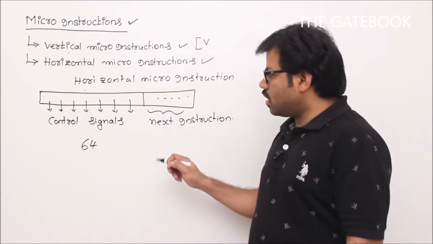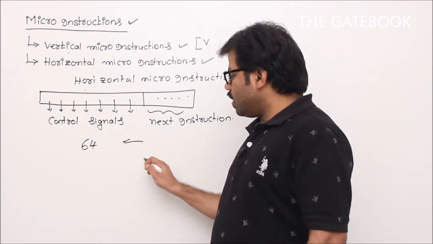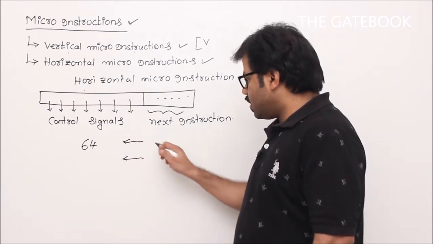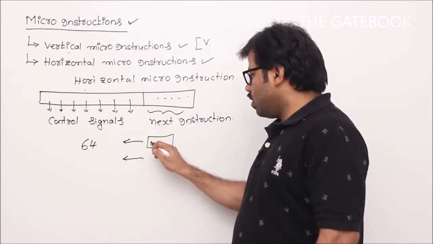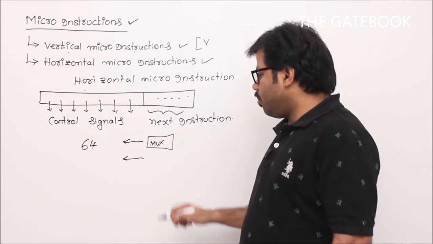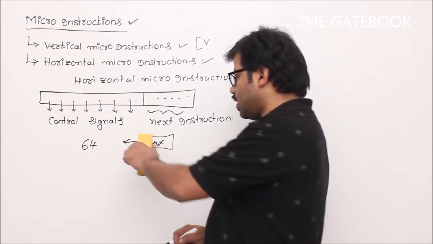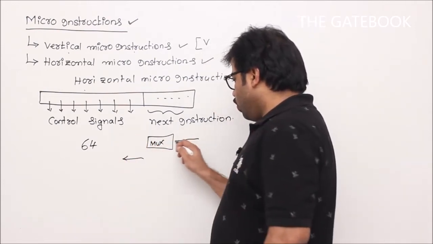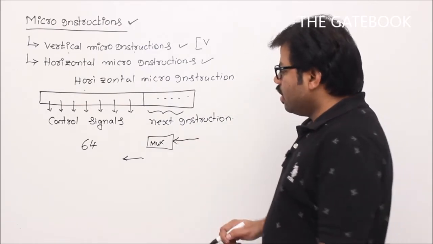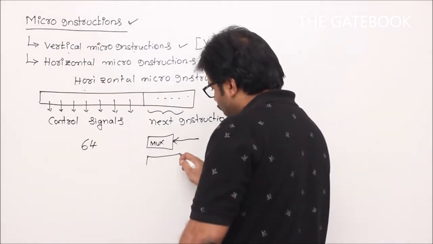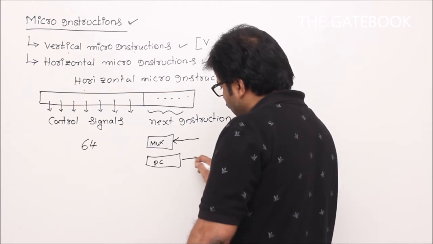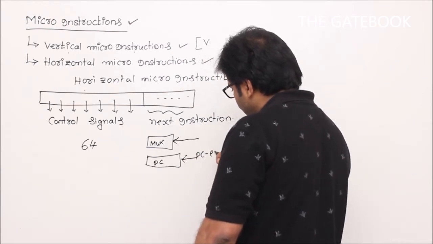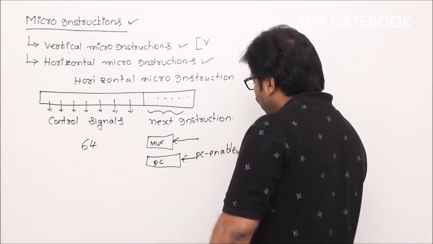That means there are 64 places where we can generate the signals. Just for clarity, for every multiplexer in your circuit we have to have one signal, right? Similarly for the program counter there is a signal called program counter enable, right? So these are all control signals.